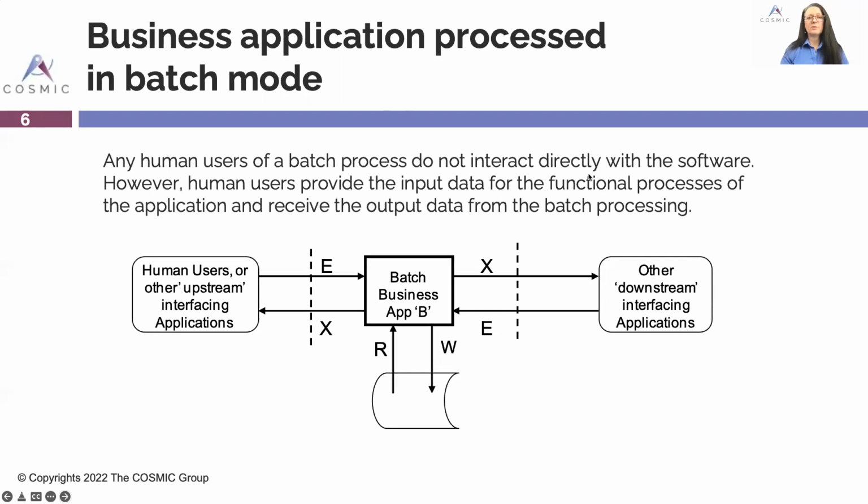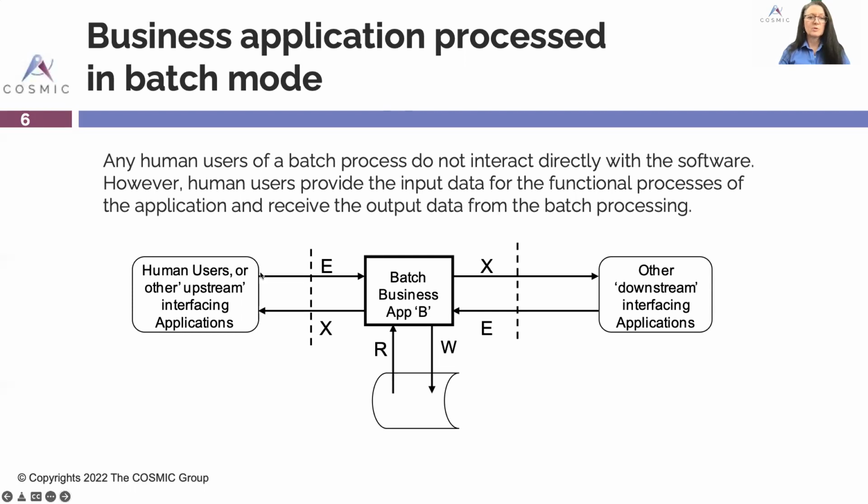If we look at a business application that is processed in batch mode, you know, those batches that execute automatically during the night, well, any human user of a batch process does not interact directly with the software. However, human users provide the input data for the functional process of the application and receive the output data from the batch processing.